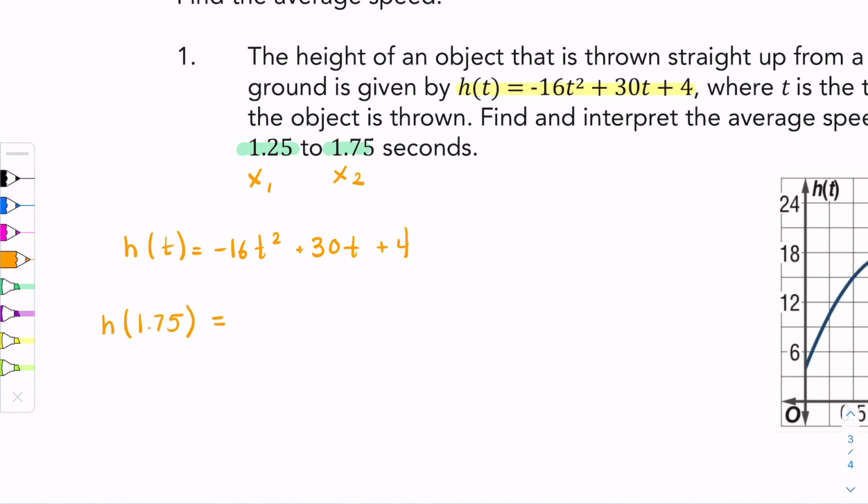That means we're going to use our calculator and we're going to type in negative 16 parentheses 1.75 squared plus 30 open parentheses times 1.75, and then we have plus 4. When we evaluate that, we end up with the answer of 7.5, and you should all check that in your calculator.